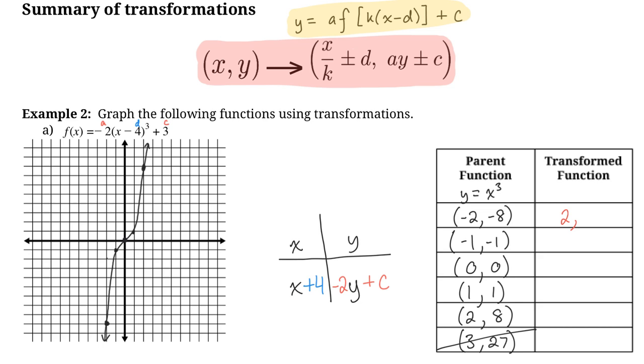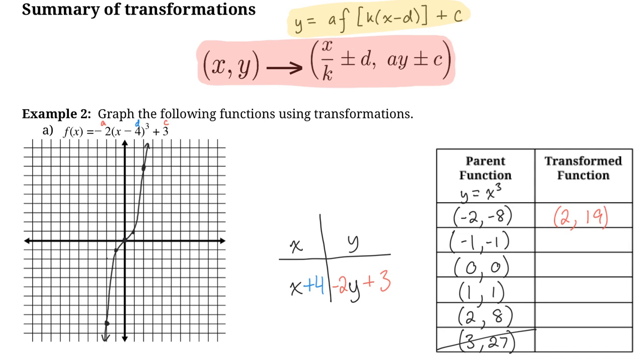And then we need to add our c value. So our c value here is actually 3, so we need to add 3. So we're doing negative 8 times negative 2 plus 3, and that's going to be 19. So that point won't even fit on our graph.